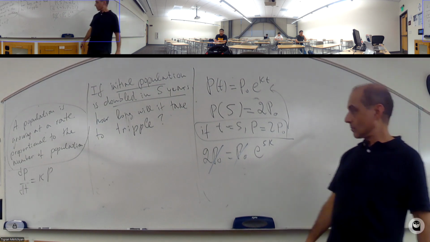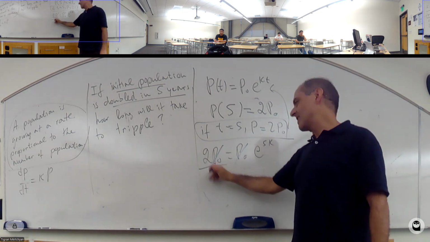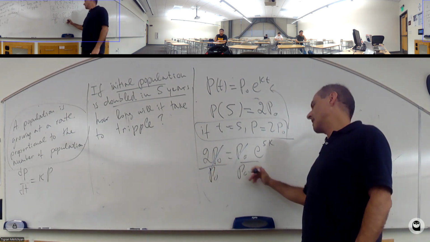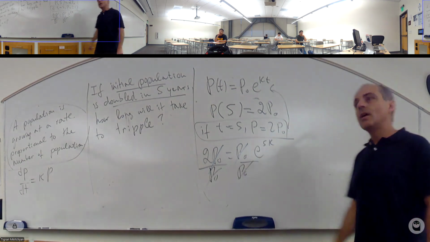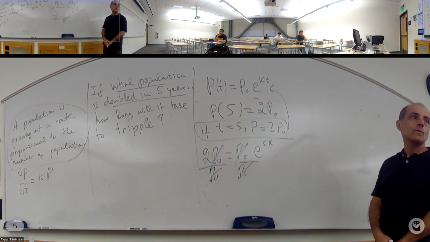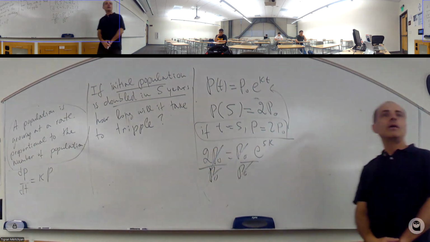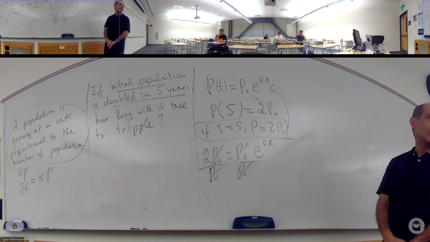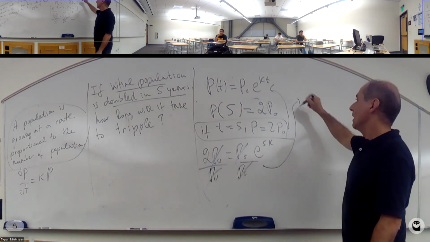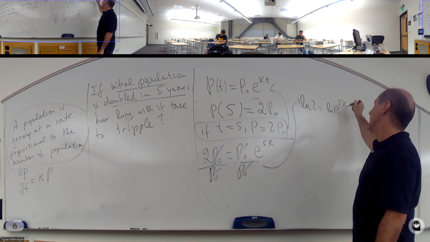Divide by P0, the initial population, and cancel it. The P0 is gone. Then how do I get k? Natural log. ln of 2 equals ln of these, then what?